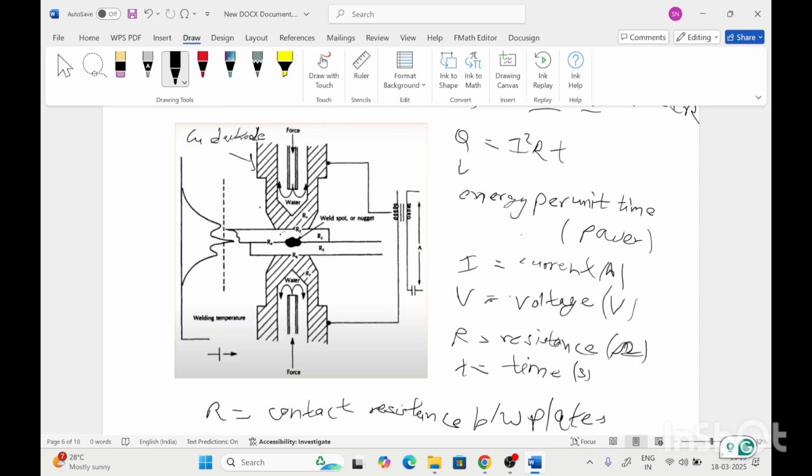So some heat will also generate at this interface. To remove that heat, we use the water cooling mechanism, and the whole setup is connected to the AC power source. On the left hand side, the welding temperature according to the interface and material is drawn.